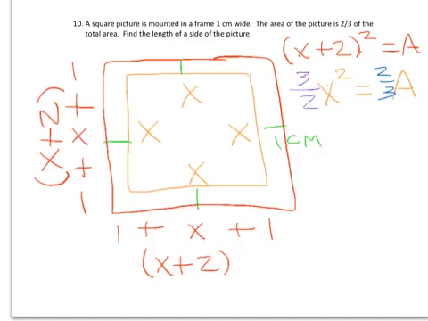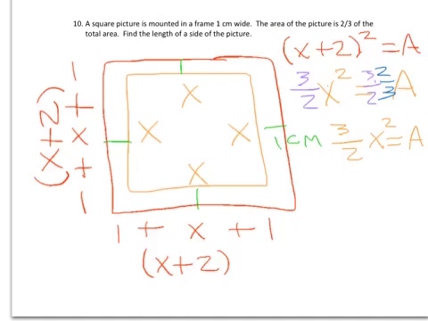So multiply by 3/2 here and 3/2 here. And the guy on the right, of course, goes away. And so what happens is I get 3/2 x squared equals a. So here's the thing. If 3/2 x squared is equal to a, and x plus 2 squared is equal to a, then those two are equal to each other.